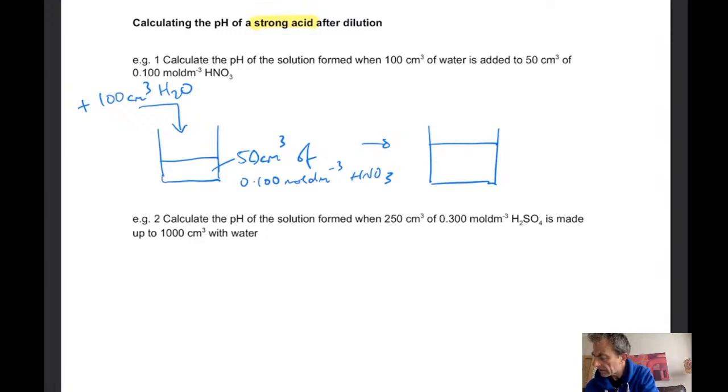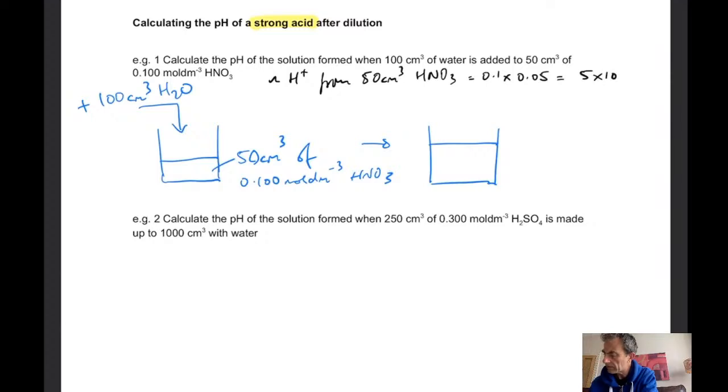Okay, I'll do this in black so it sort of stands out from the blue. So the moles of H plus from 50 cm cubed of HNO3 is going to be concentration times volume, 0.1 times 0.05, 5 times 10 to the minus 3.